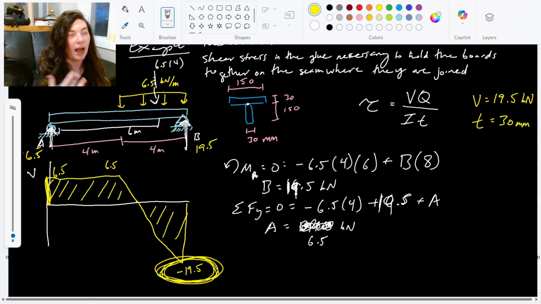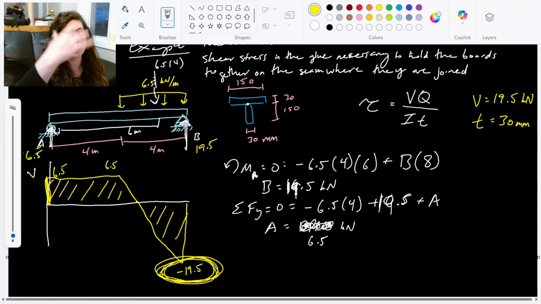And remember, our moment of inertia is for our entire cross-section, this entire T. And our Q is just for that portion above the point of interest. So to do either of these, the secret to finding these is that we have to find a centroid first. Right? So we're not given a centroid for this T shape, and it's not symmetrical.